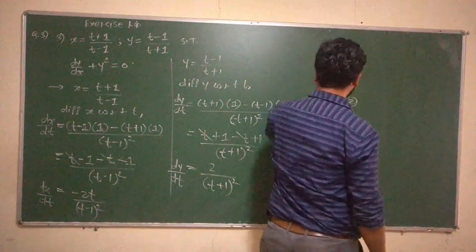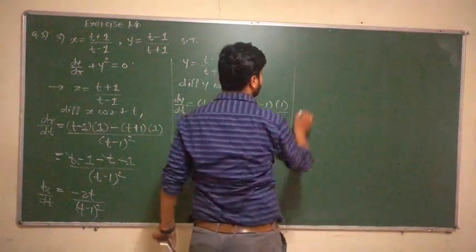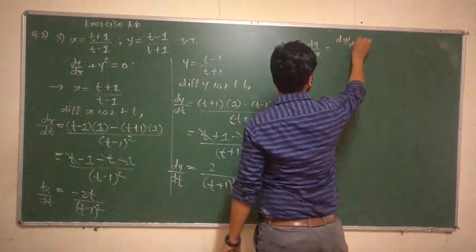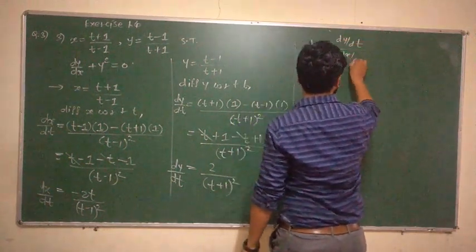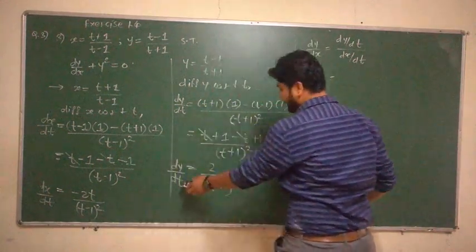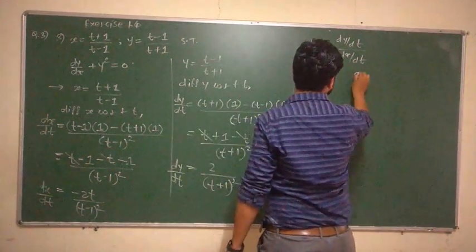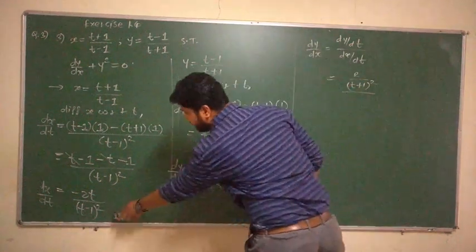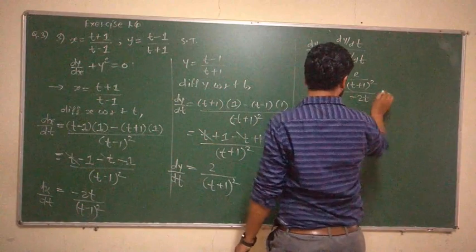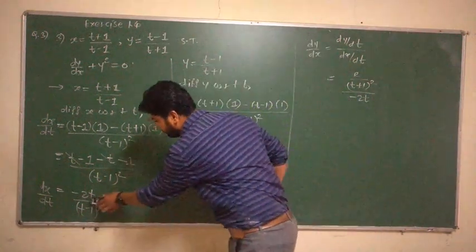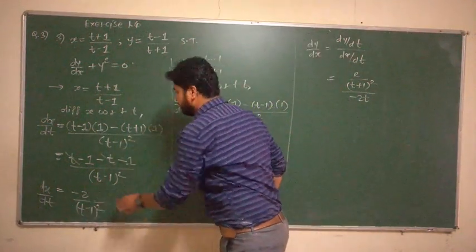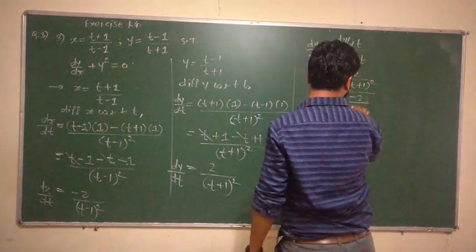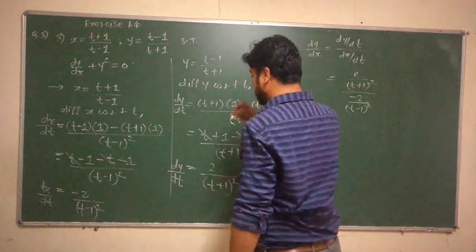Now by using the same parametric function formula, dy by dx is equal to dy by dt upon dx by dt. So dy by dt is 2 upon t plus 1 bracket square, upon the value of dx by dt, which is minus 2 upon t minus 1 bracket square.